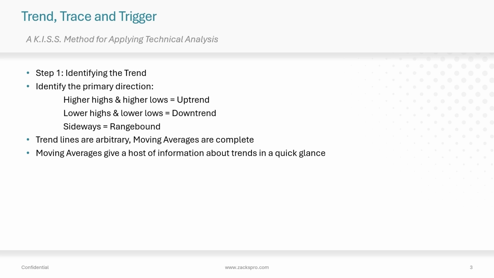And that's where you can buy the bottom of the range, sell the top of the range, and you're just kind of knocking it back and forth. To me, trend lines are arbitrary and moving averages are complete. Just like that same eyeball test, maybe I look and I can see, oh, there's a top here, a top here, a top here, and I connect the dots. Somebody else can look at that same chart and say, well, there's a bottom here, a bottom here, and a bottom here.